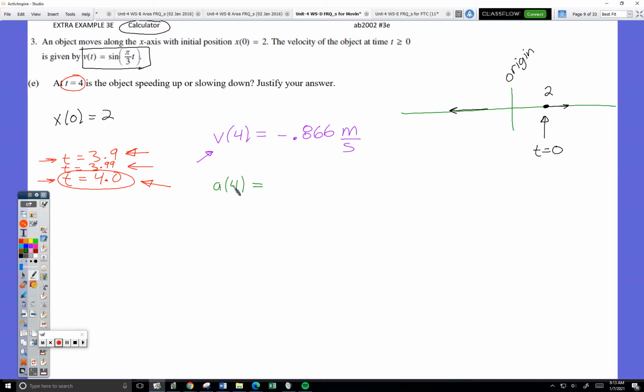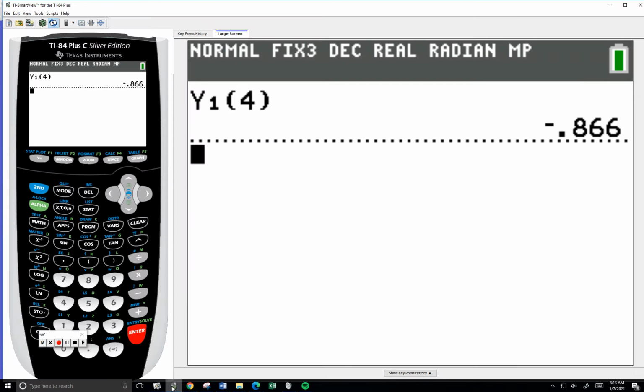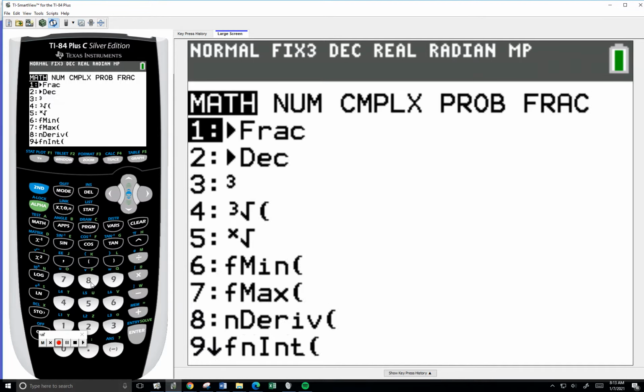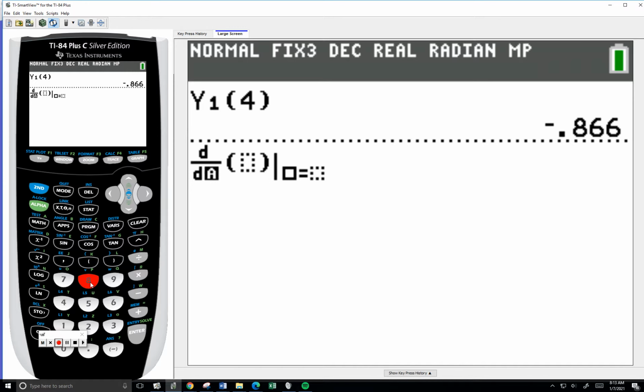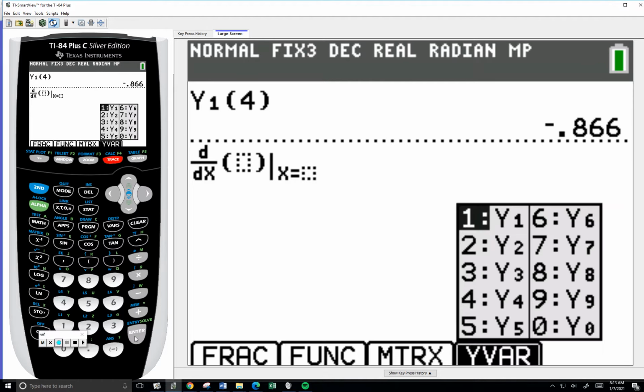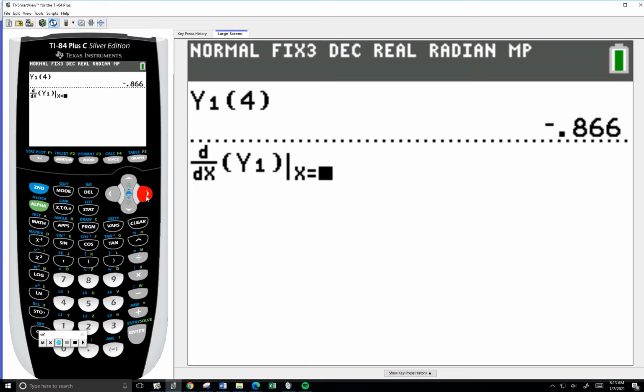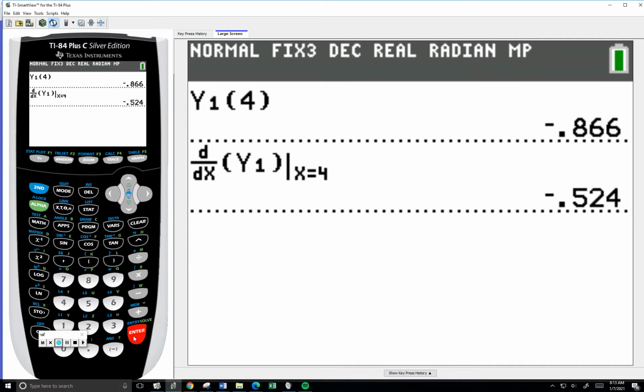And because we can use our calculator, it's really easy. We also did this early in the year, but it's been a while. You type math 8. And just plug everything in. And write it down.